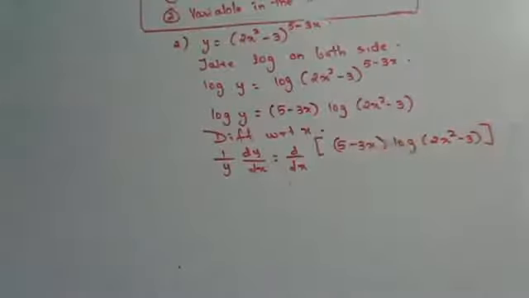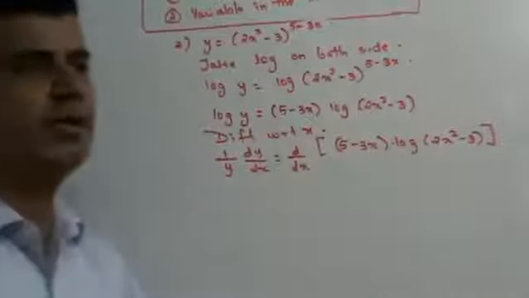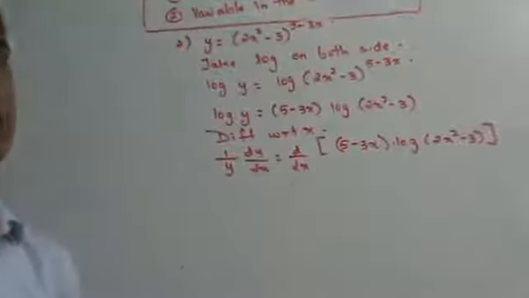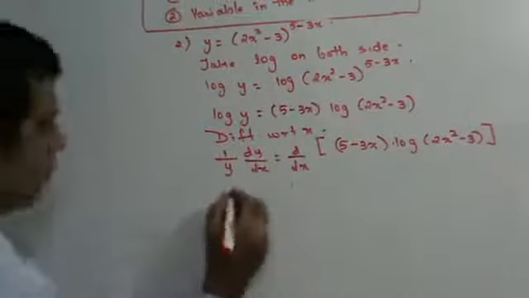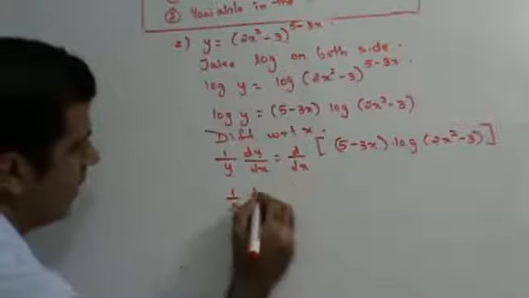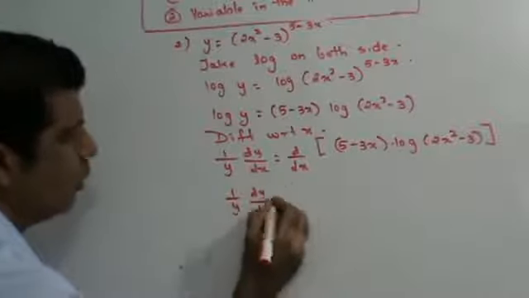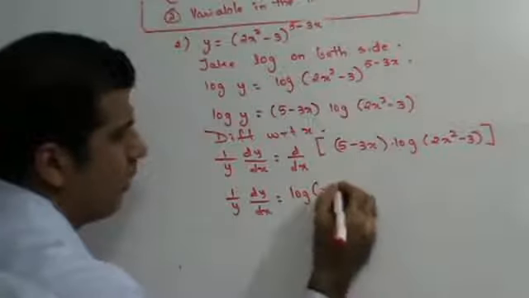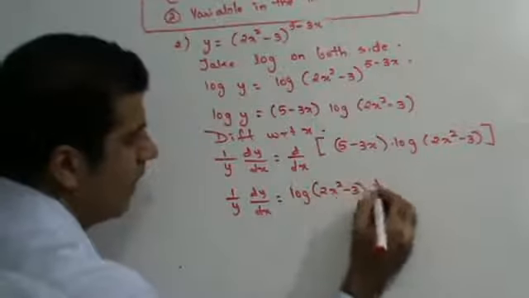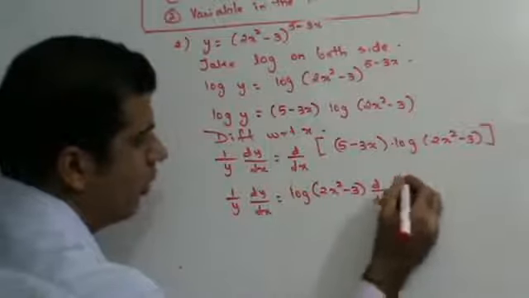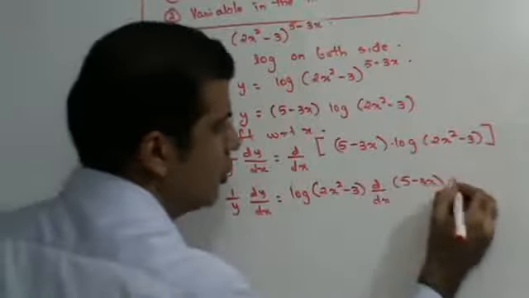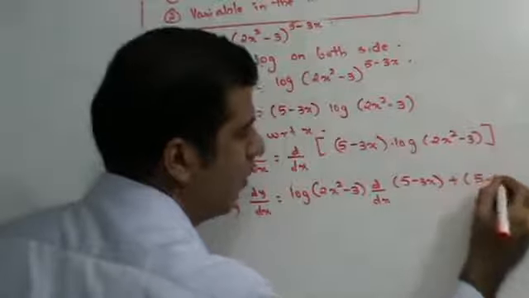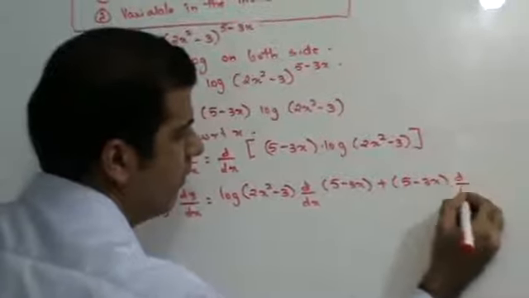Now since there are two terms here and there is multiplication of two terms, this is going to be the uv formula. So you will have 1 upon y dy/dx, uv multiplication formula, that is v derivative of u plus u derivative of v.